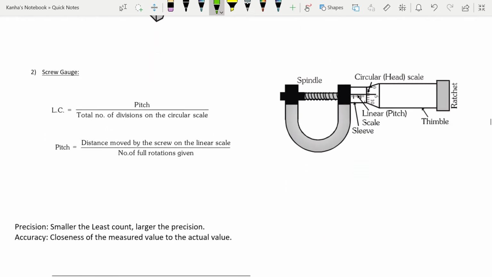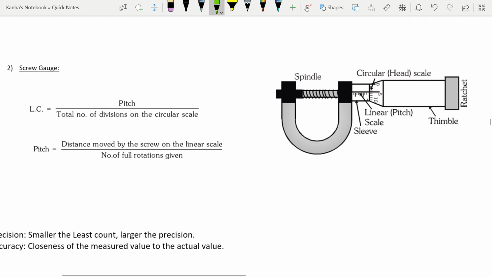For the screw gauge, the least count is given by the pitch divided by the total number of divisions on the circular scale. Okay, so there is a linear scale, which is given here, this one, and then there is a circular scale, circular head. So pitch is the distance moved by the screw on the linear scale for the number of full rotations given.